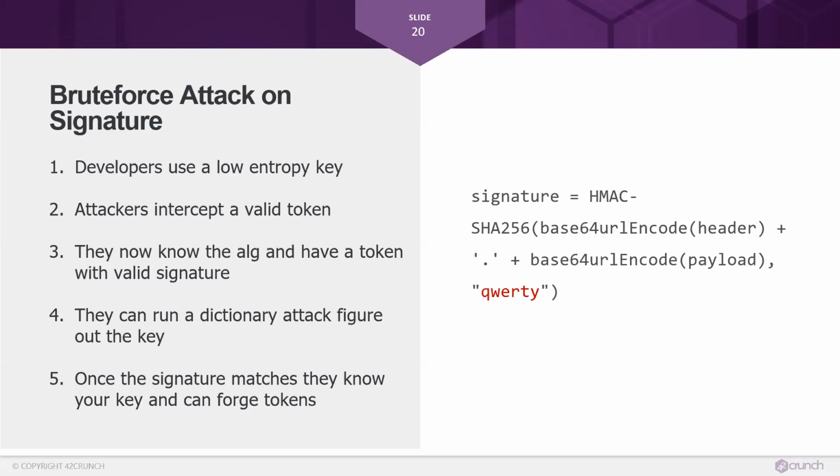As soon as you are able to intercept a JWT token, you can take it and try to brute force it offline. And when you manage to brute force it, in the end, you've got the signing key. With that, you are able to impersonate the proper key owner. So this is really important.